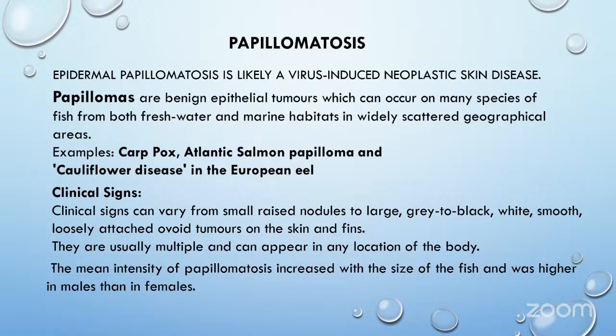They can be either gray or black, and sometimes white, smooth and loosely attached. It looks like a cottony tumor. They are usually multiple and can appear in any location of the body. The mean intensity of this disease increased with the size of the fish and was higher in males than females. So this disease you can mostly see in male fish.